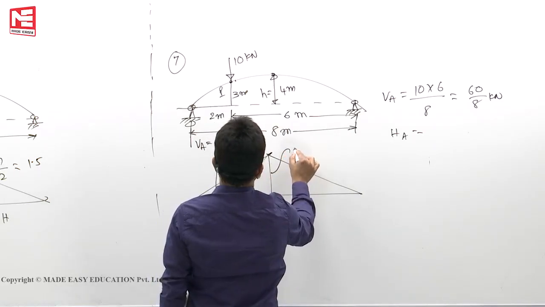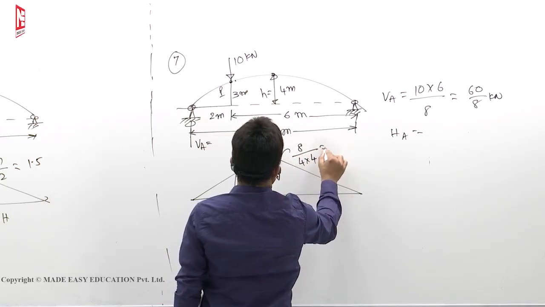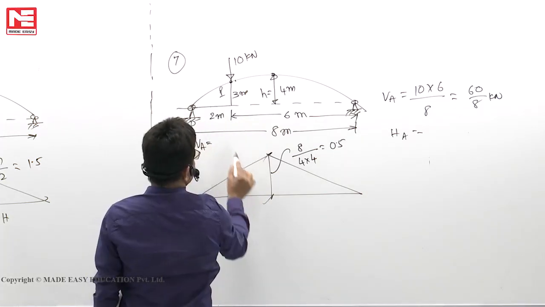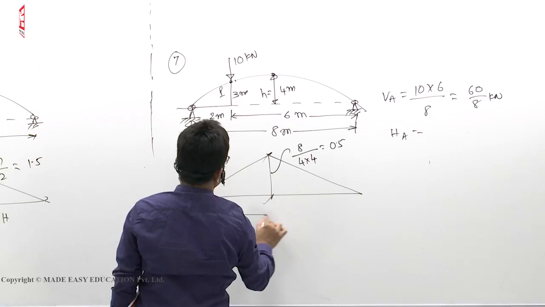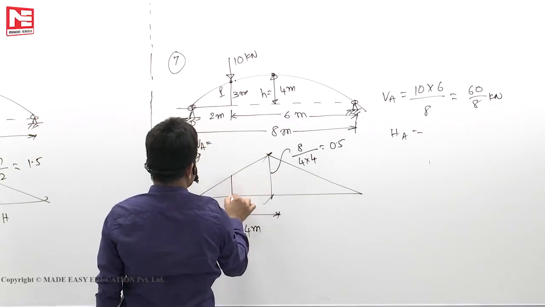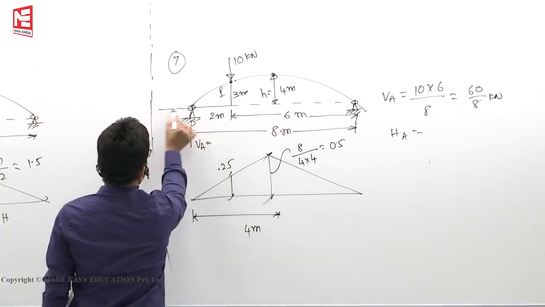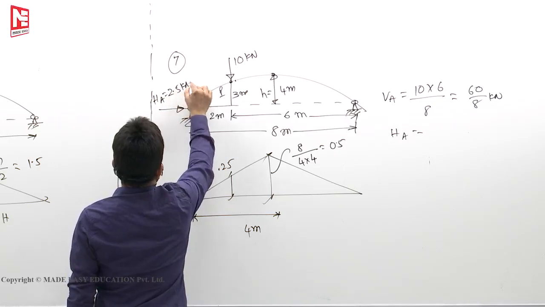How much is the length? 8 meters. L by 4 into H, H is 4. 8 by 16 means 0.5. So this is at a distance of 4 meters, 0.5; at 2 meters, 0.25. So 10 into 0.25, 2.5. So HA you will get 2.5.